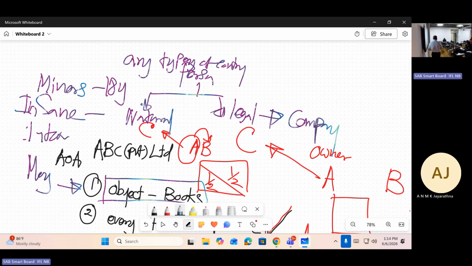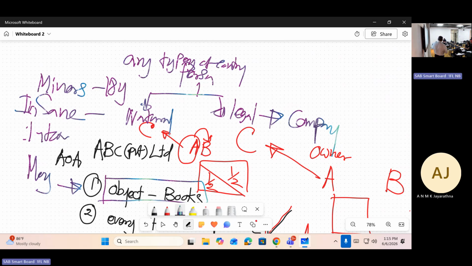They can engage into any type of legal contract. But when we compare with the legal person, the company, if the object of the company is mentioned as manufacturing and selling goods, they can engage into contracts which are permitted by the object.